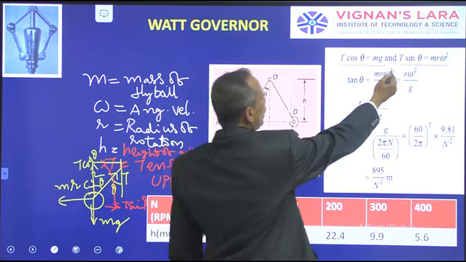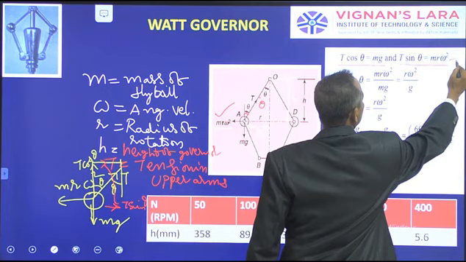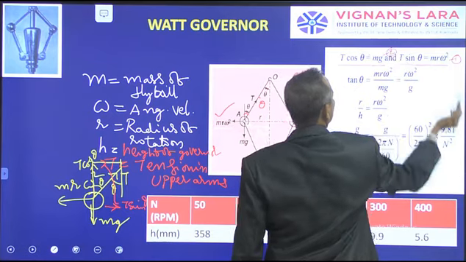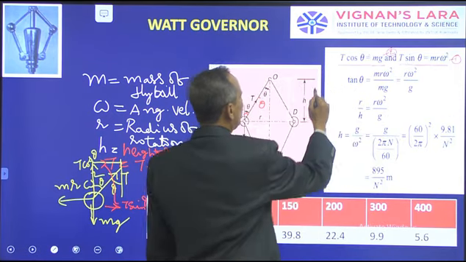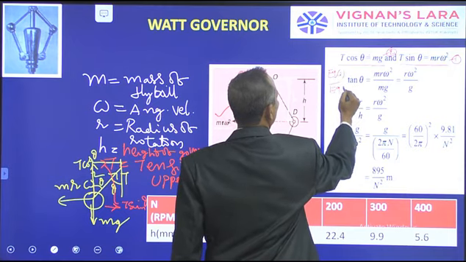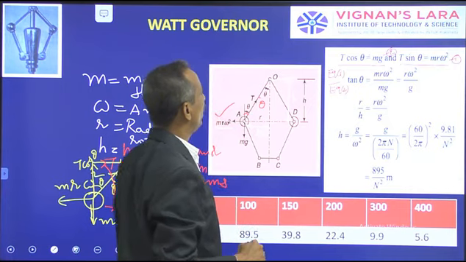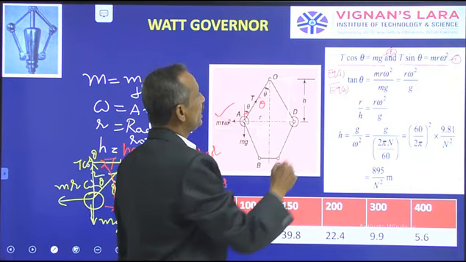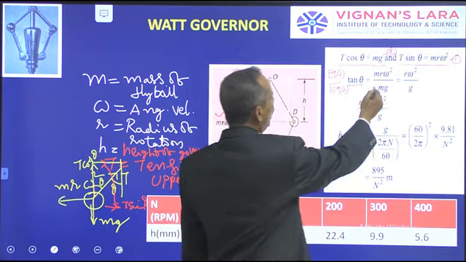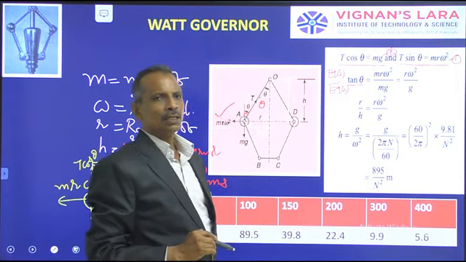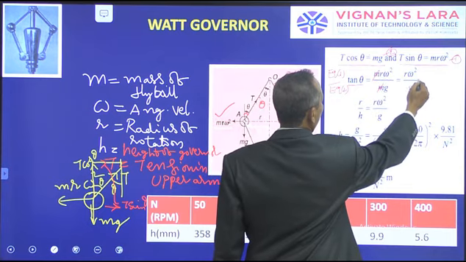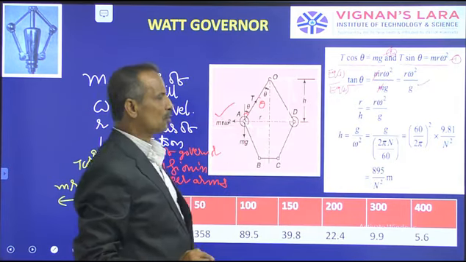Let me call this equation 1 and this equation 2. So equation 1 by equation 2: T sin theta by T cos theta. T gets cancelled, then tan theta is equal to m r omega square by mg. Here m gets cancelled, then r omega square by g.